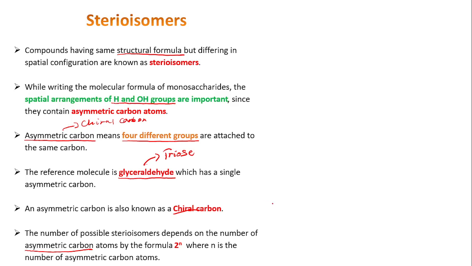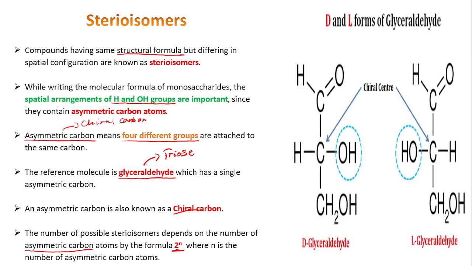So the formula that can help you know the number of stereoisomers a certain molecule has is just 2 to the power n, where n is the number of chiral carbons. Now let me quickly look at that particular diagram.